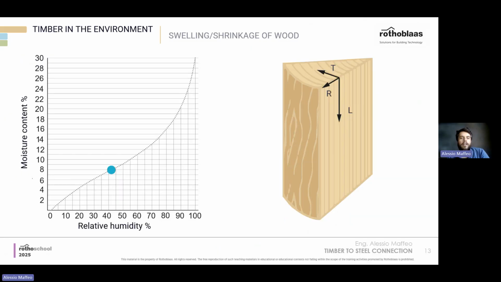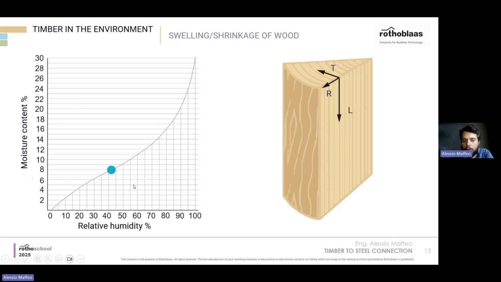What's happening here? This is a graph again explaining the relation between moisture content and relative humidity of the air. So the humidity on the x-axis is the water content in the air. For example, in this room where I am now, it could be around 50%, 60%.